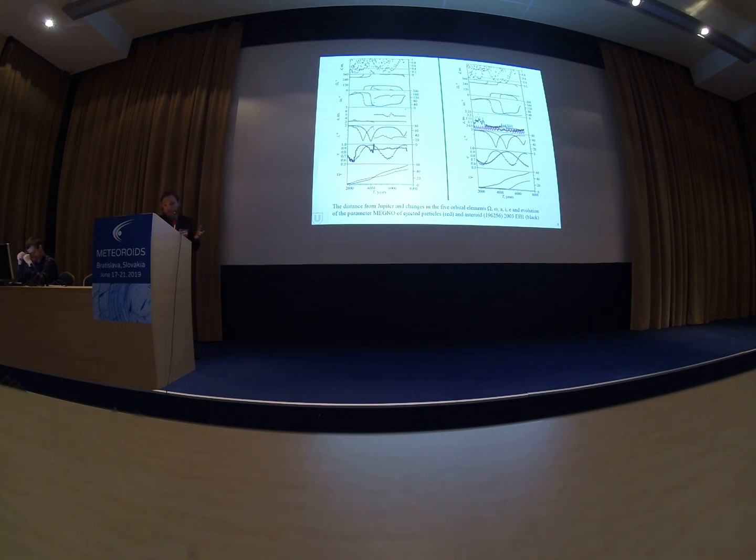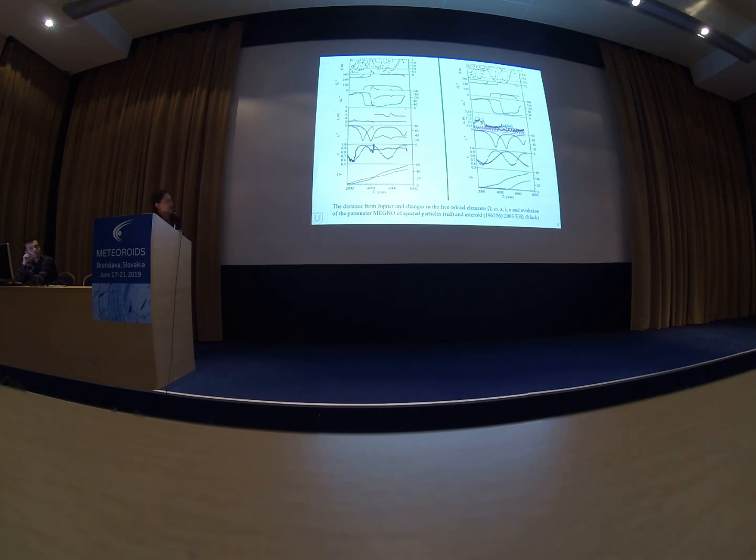This particle does not have many frequent close encounters with Jupiter, but the argument of perihelion goes from libration to small circulation and another libration. The parameter begins to grow near 5,000 years. After this moment, the orbit may have a small chaoticity.